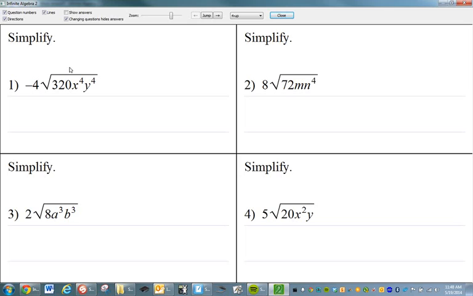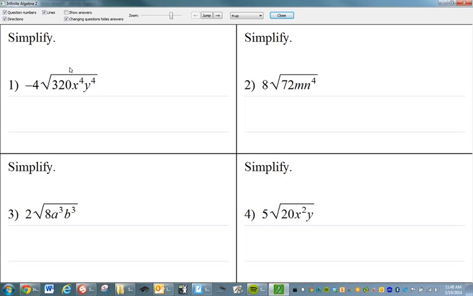Number 4 started the exact same way. Just write out 5 times the square root of something times the square root of something times the square root of x squared times the square root of. What are you going to break 20 down into? 5 and 4.